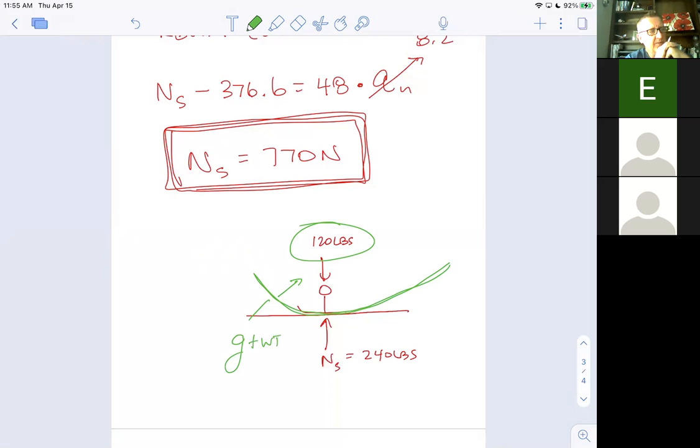Is that right? No, gravity and weight are the same thing. You're getting your weight, which is effectively gravity, plus you're getting the change of direction. In other words, that's what normal acceleration really is. You're getting a force in the normal direction, your change of direction. So that's why it's so much bigger, because not only is it holding you up, you're also being pushed on to change direction.